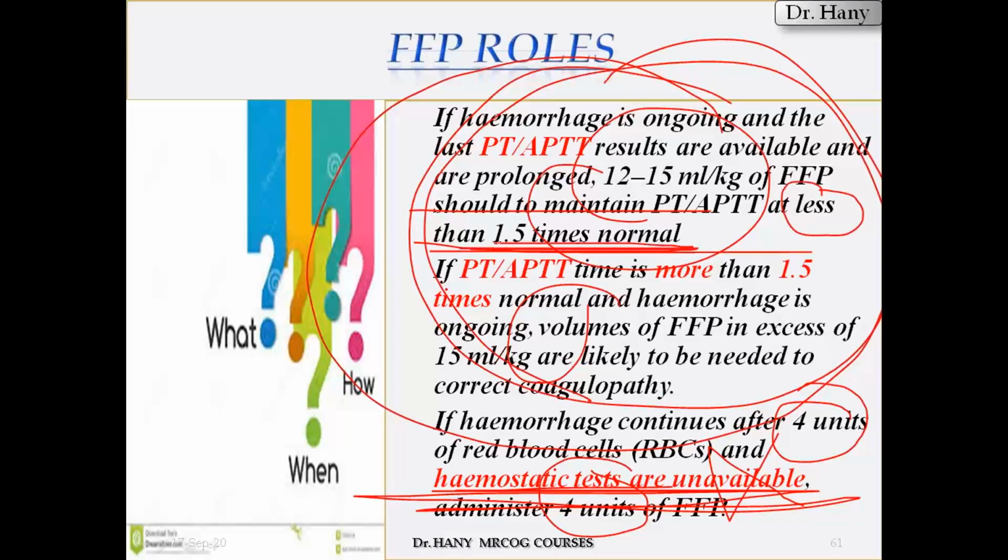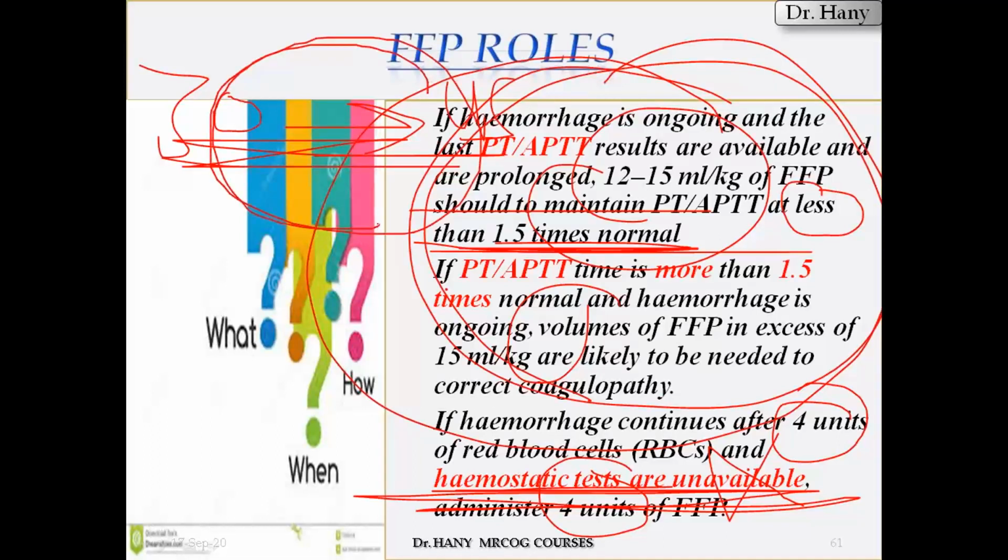If the PT and PTT ratio is 30 normal, and you got a result up to 45, this is called 1.5 times normal. If the limit is here, he will tell you the labs came prolonged, but less than 1.5 times normal. So you will give 12 to 15.